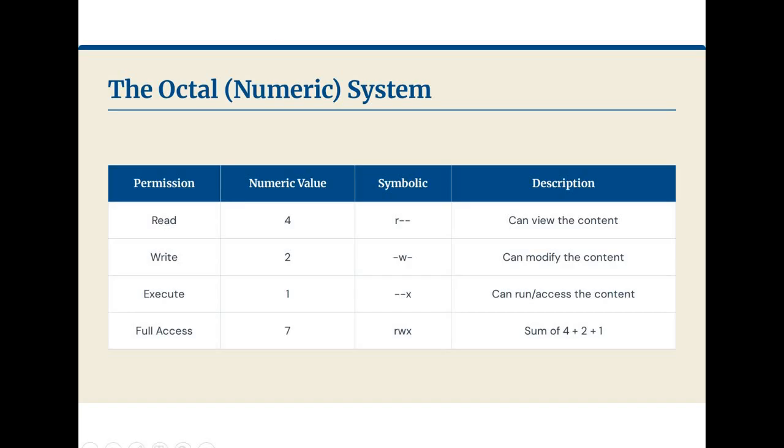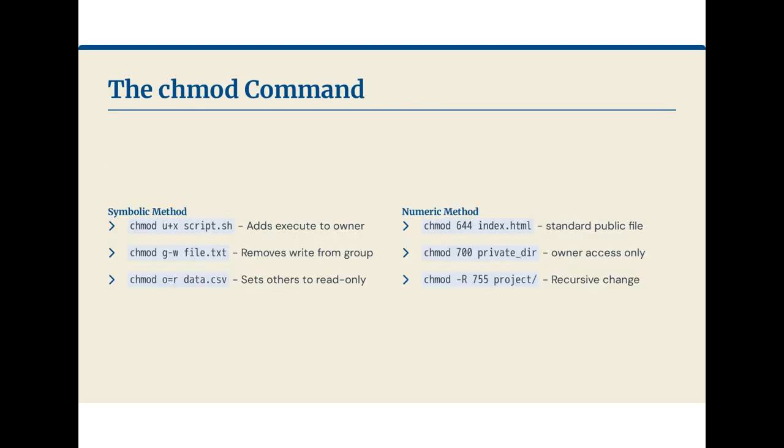The command used for changing the file permissions in UNIX operating system is chmod. The syntax for chmod is chmod followed by permissions followed by name of the file. The permission can be given in two ways, either using numerical method or by using the symbolic method.